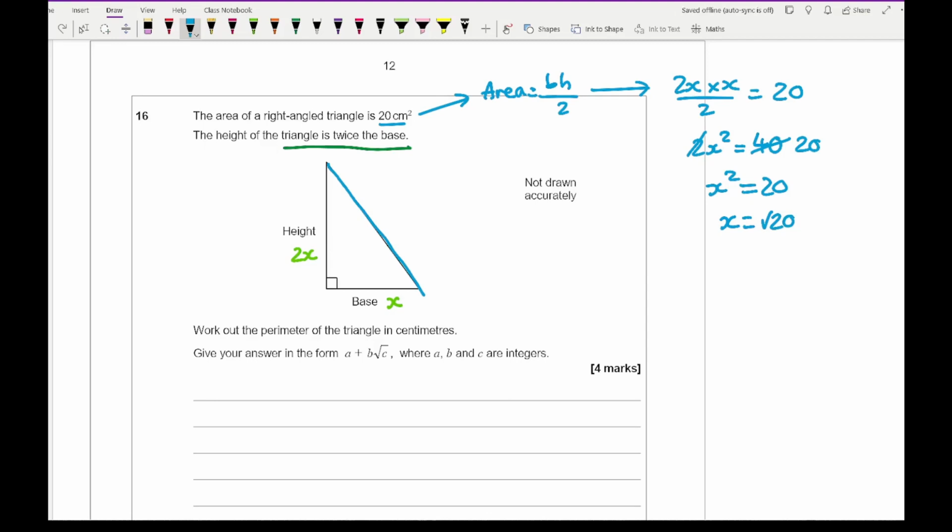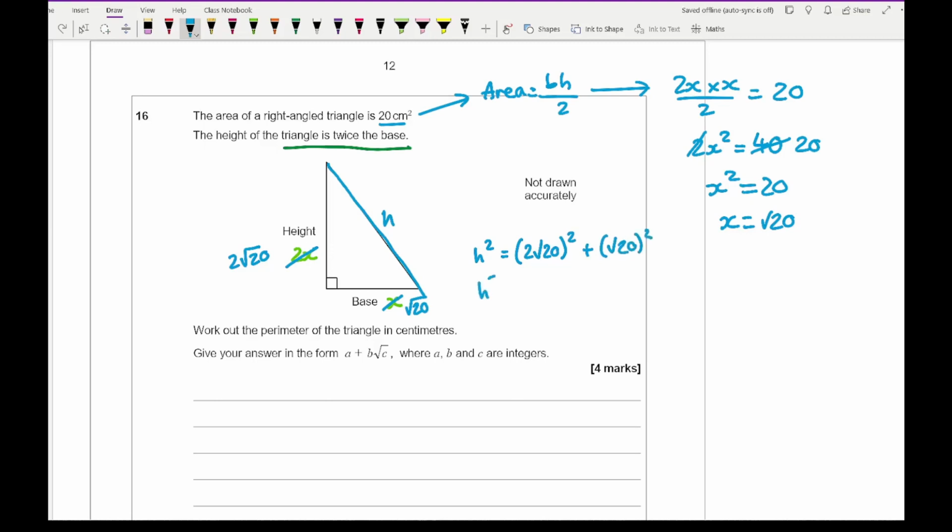So I can then change this to root 20, and I can change this for root 20. So then to work out what the length is, if I call this h because I've already used x, using Pythagoras, h squared equals 2 root 20 squared plus root 20 squared.